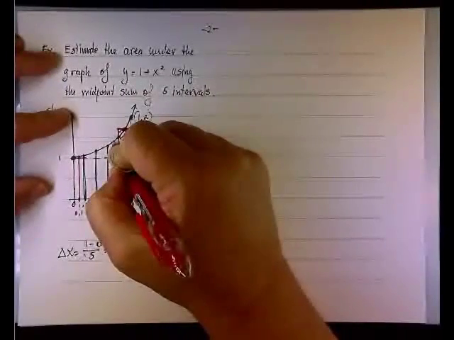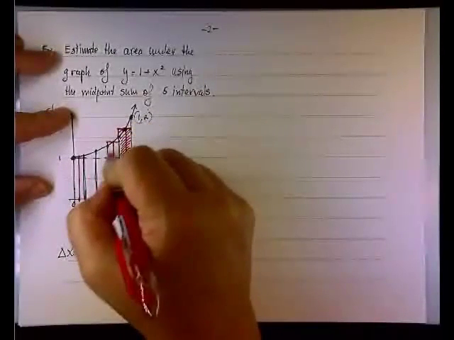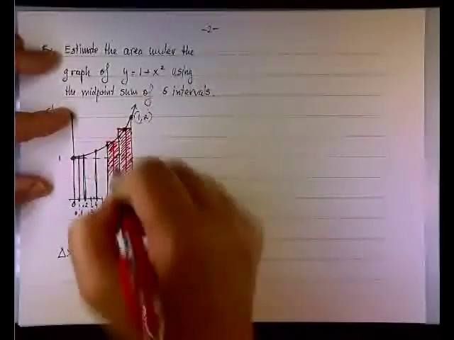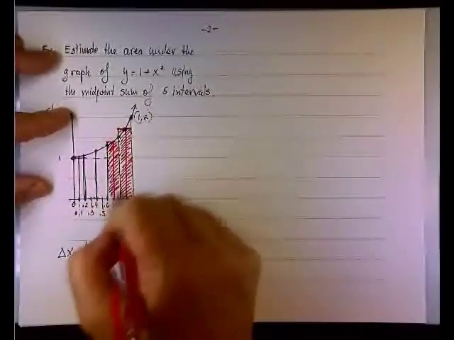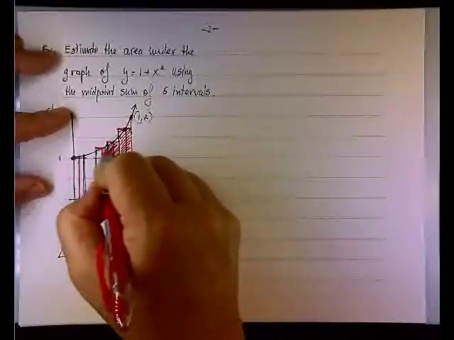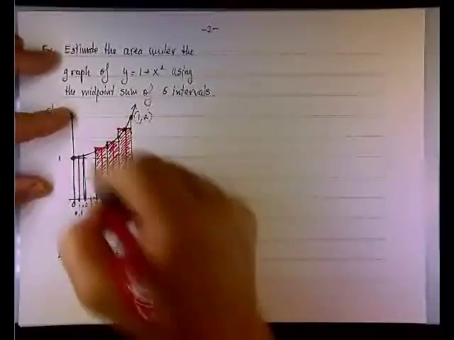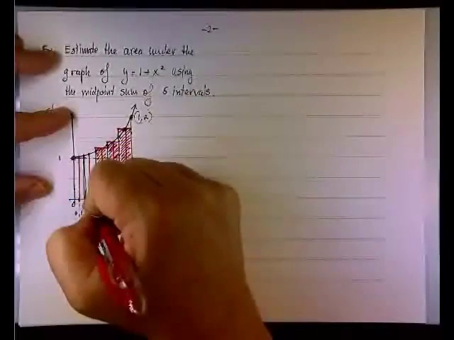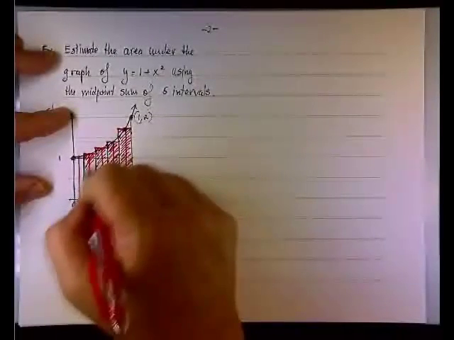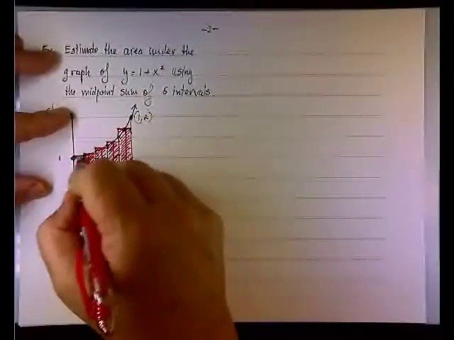And it's the same for the rest of the intervals. Again, overestimate on the left half, underestimate on the right half. This is true for an increasing function. It will be the opposite for a decreasing function. For a decreasing function, the overestimate will be on the right side and the underestimate will be on the left side.